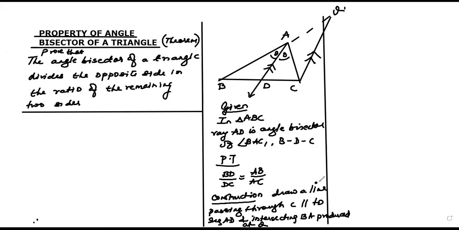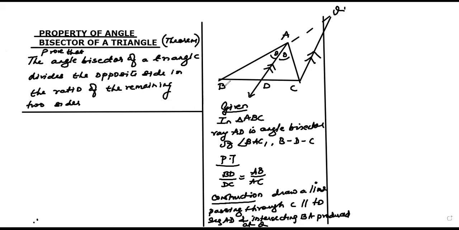Draw a line passing through C parallel to AD and intersecting BA produced at Q. I hope people can understand this.